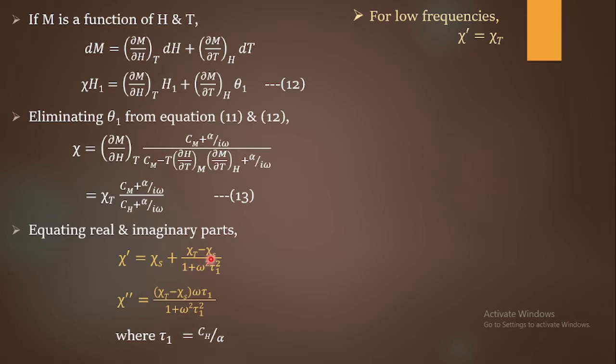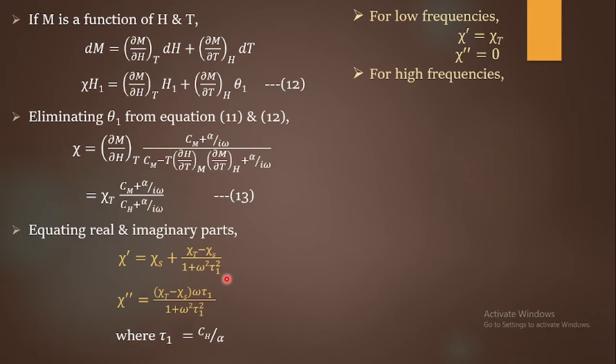So chi t minus chi s by 1 will be there. So chi s minus chi s will get cancelled, so that we observe chi prime is equal to chi t, and in that case chi double prime will remain 0. That is the case for lower frequencies.